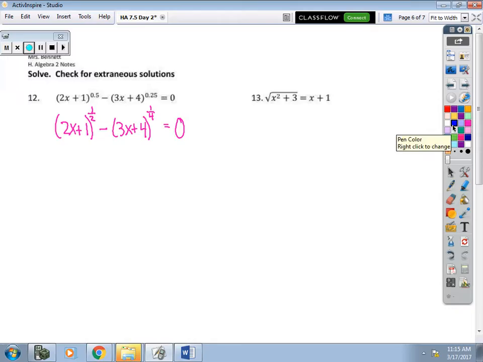And then from here, we again want to get the roots on different sides. Now the denominators are different this time. So we will have to determine which one we want to do.